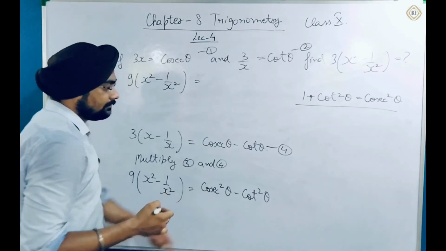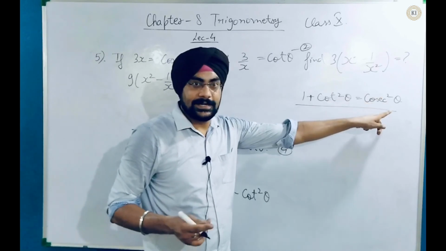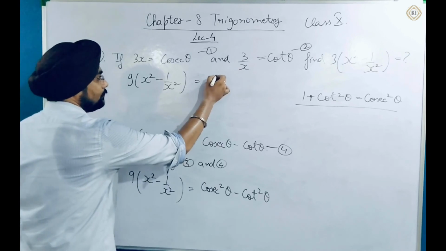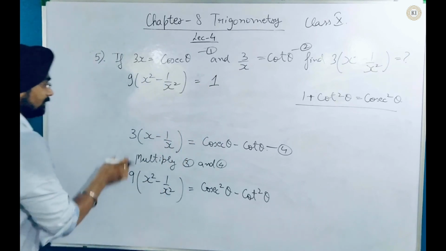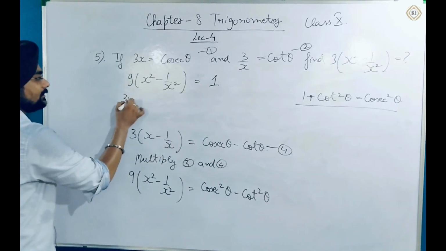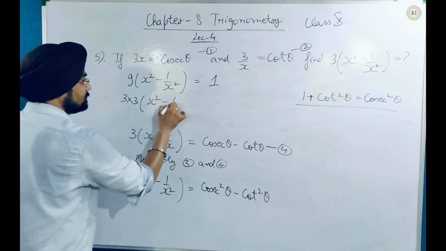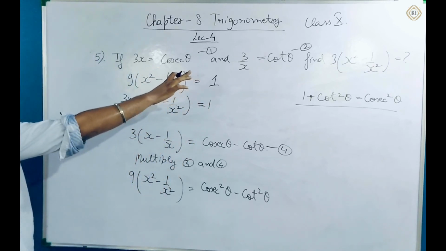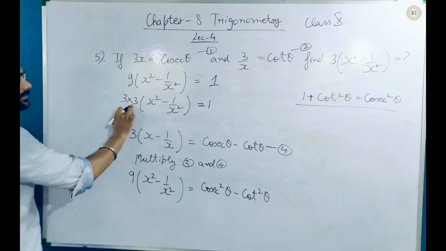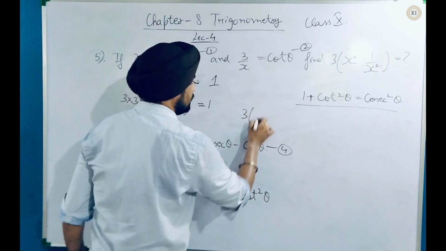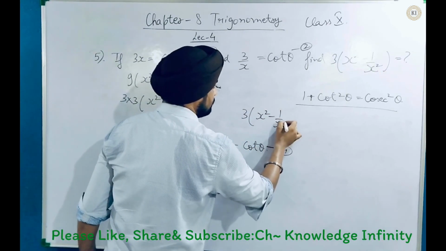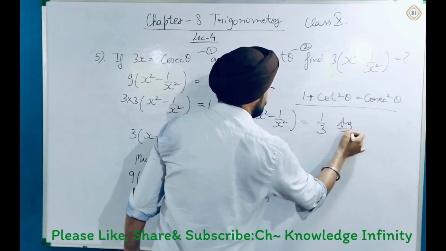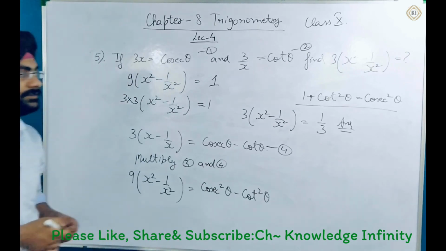When we transfer cot square theta to the right hand side, we get cosec square theta minus cot square theta as 1. So we can put the value as 1. Now 9 you can break as 3 into 3, x square minus 1 by x square is equal to 1. We need the value of 3 times x square minus 1 by x square, so 3 will come down, and it is equal to 1 by 3. So the answer is 1 by 3.